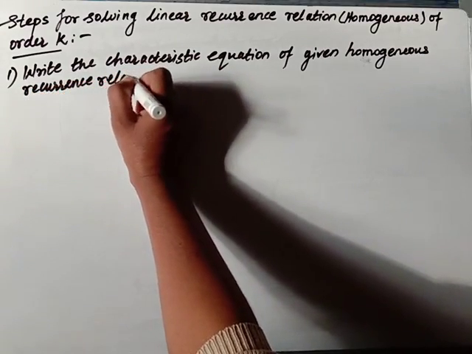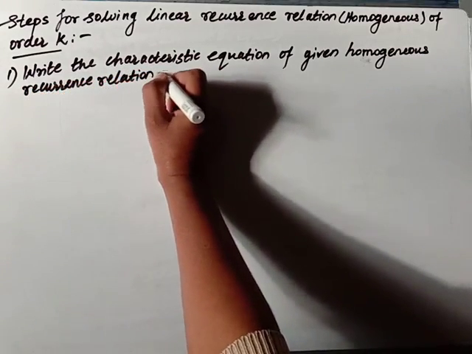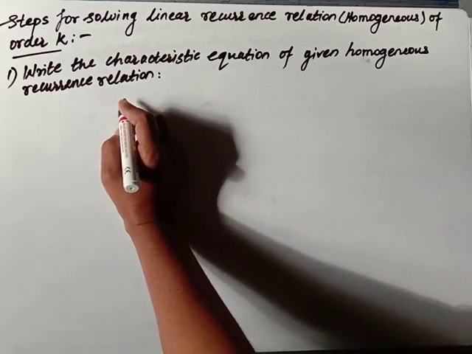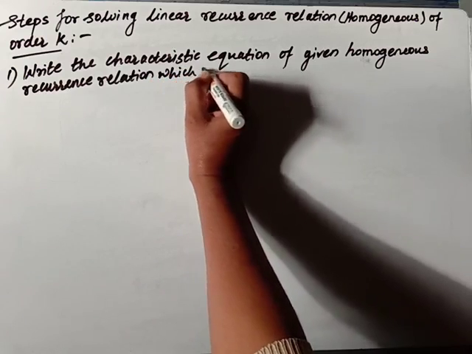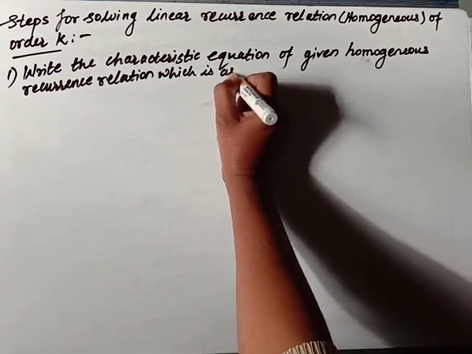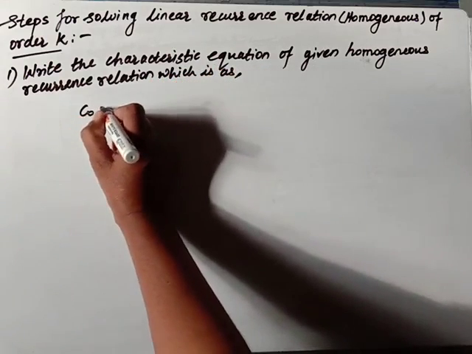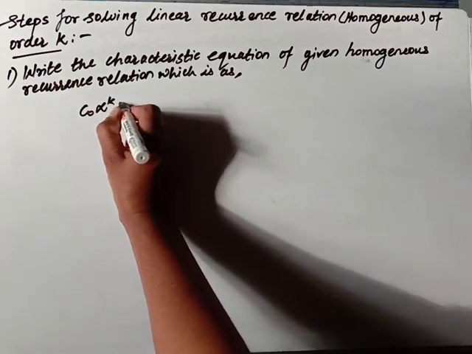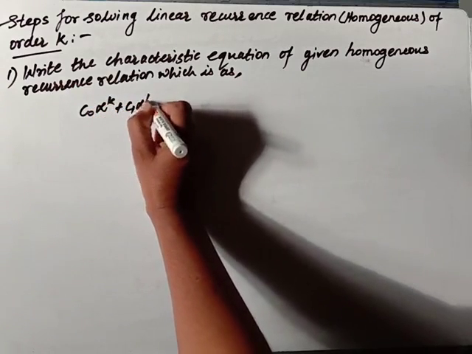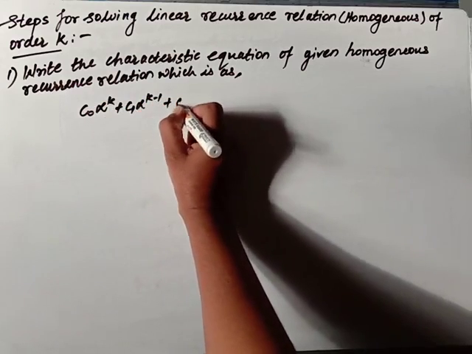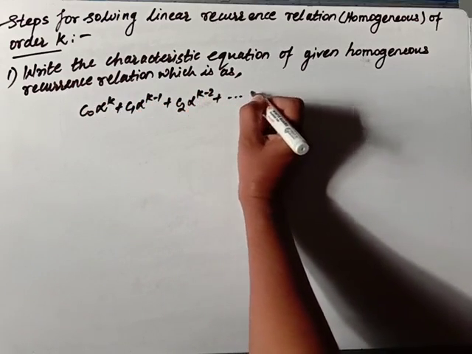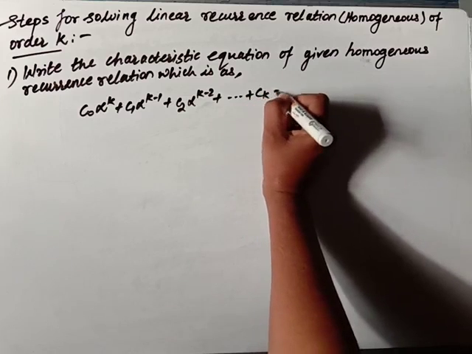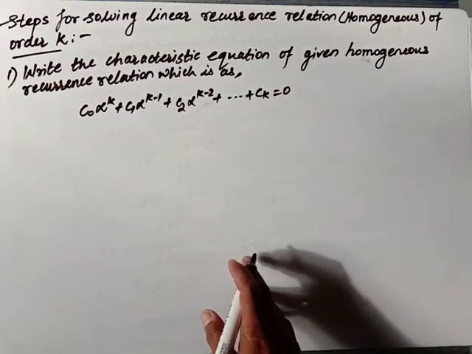Now already we have seen that thing in previous video. How will that be? It will be C0 alpha raised to k plus C1 alpha raised to k minus 1 plus C2 alpha raised to k minus 2 plus so on up to Ck, and that is equal to 0. It will be as such.